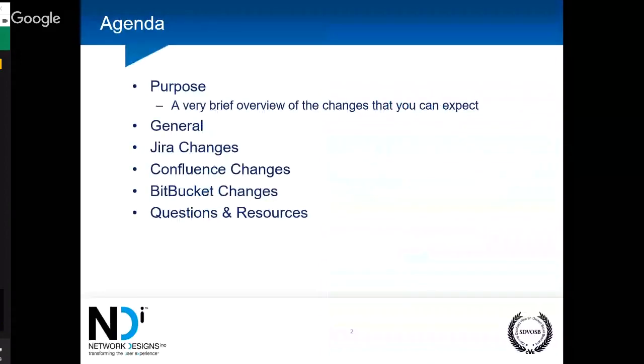This is the agenda: we're going to talk a little bit about the purpose, some general changes, some specific Jira changes, Confluence and Bitbucket changes, and then I'm going to give you the opportunity to ask any questions. I'm also going to try and run through a couple of the elements on the actual Jira instance and the Confluence instance. So hopefully we'll be able to demonstrate a few things, or at least show you where to find the new information.